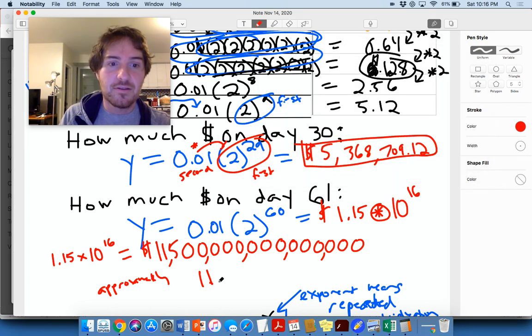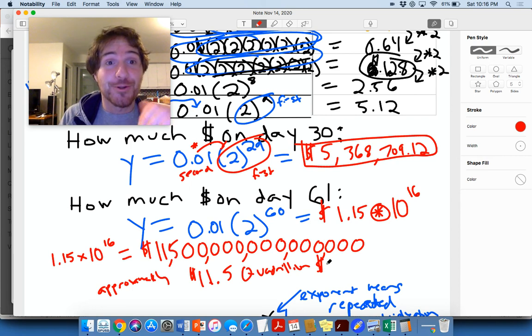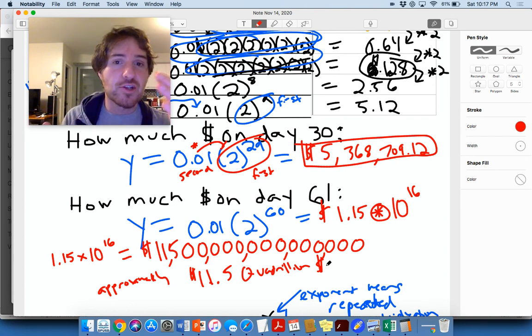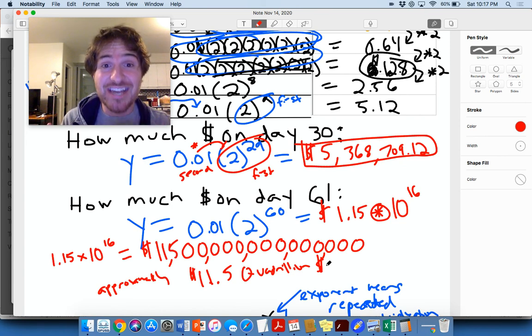So you'd have approximately 11.5 quadrillion dollars, and I don't even think there's that much money in the world. I really don't, because trillions is the biggest thing that I hear expressed. If you look at the amount that all publicly traded companies are worth, all stock markets in the world. Fun fact I learned this past weekend: if you add up all the valuations of all publicly traded companies in the world, which is how we measure a lot of how much the world is worth in terms of production, it's $95 trillion.